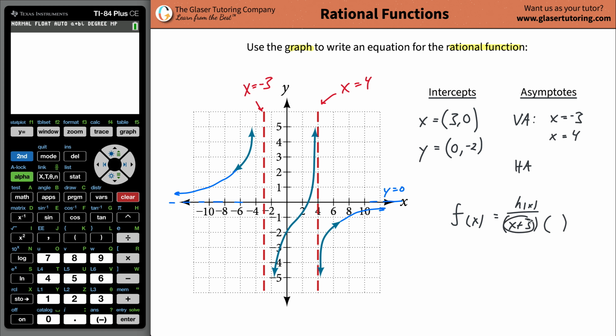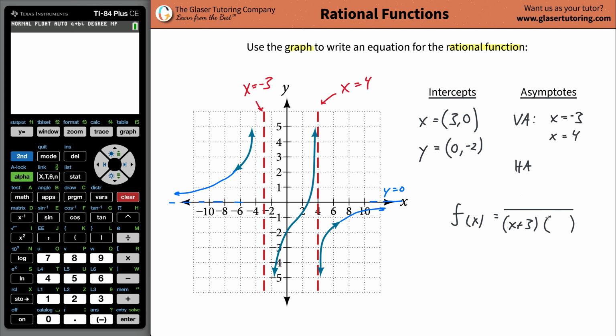And if this is 0, times some other factor, who cares what the other factor is? It doesn't really matter because it's still going to be 0 in total in the denominator, right? Let me just clean this up a little bit. I just want to make that line a little straighter and extend it.